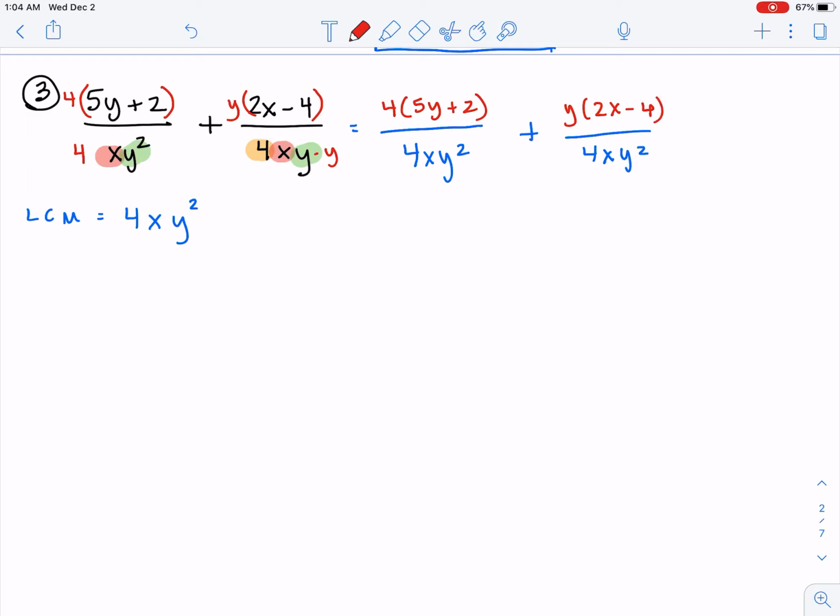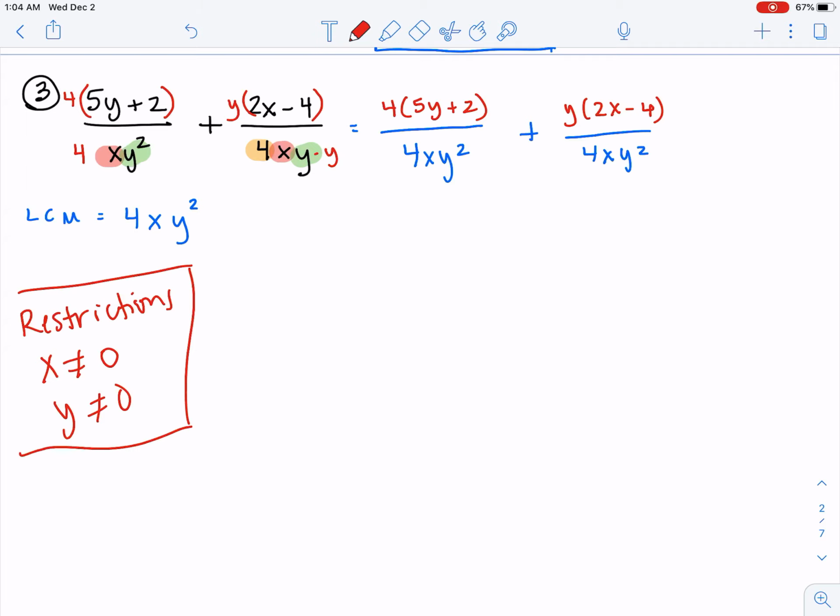Right? If you'd like to, you could go ahead and do your restrictions once you find your least common multiple. So for here, what makes that 0? Well, let's see. X can't be 0. Y can't be 0. There's my restrictions.